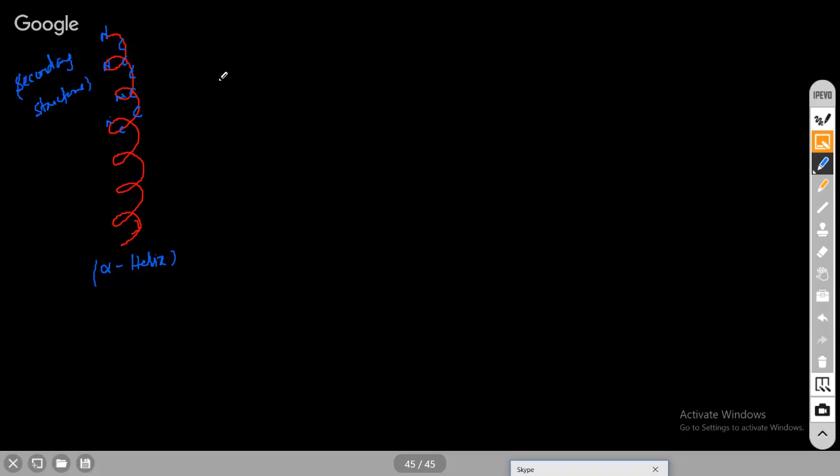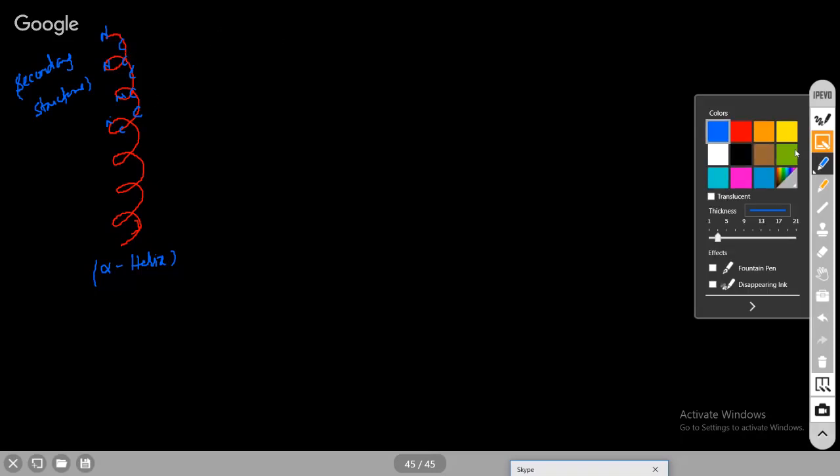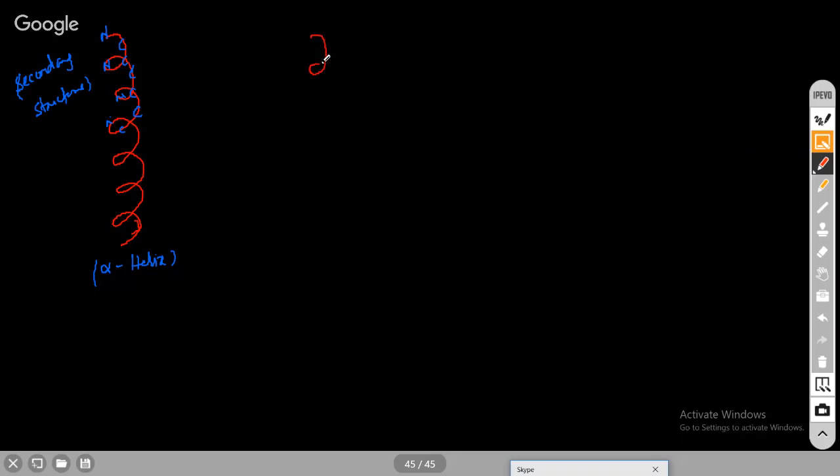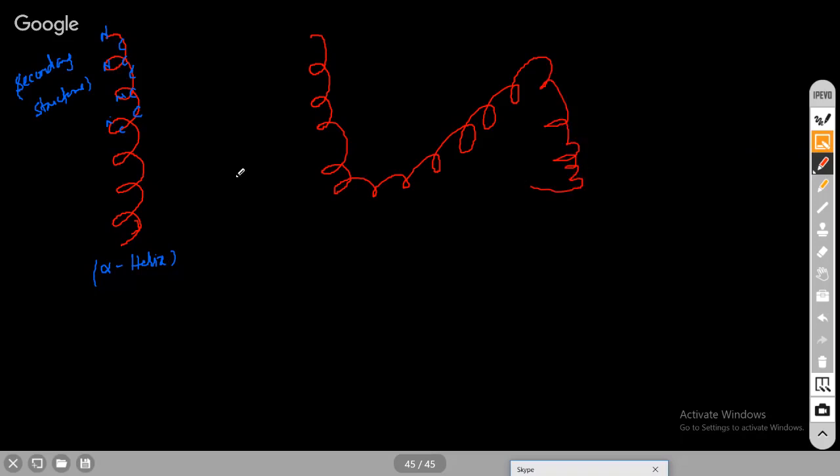It is also bent at some point. So the tertiary structure that we say is something like this. This helical structure will be like this, but at some point it will be bent like this. Some random structure will be there. This structure we call the bent structure.